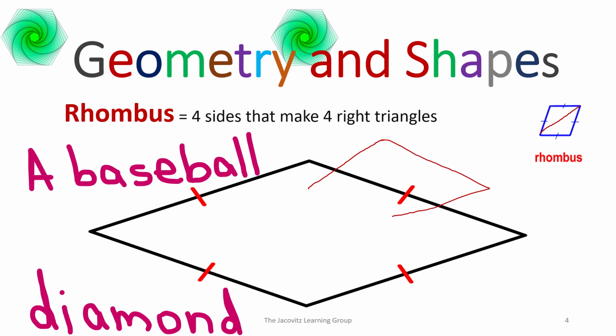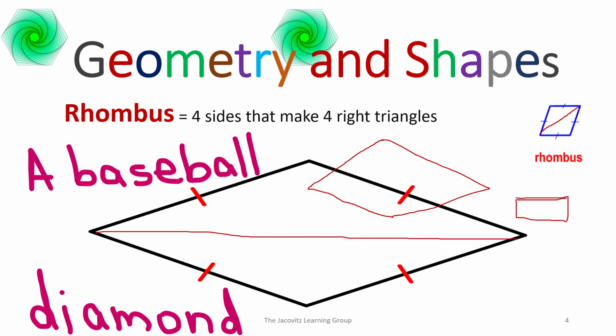I'm going to try it a little more diagonally, to give you a baseball diamond. And here are your cuts, because if you go across, one side should be equal to the other side. And a rhombus is usually a quadrilateral.